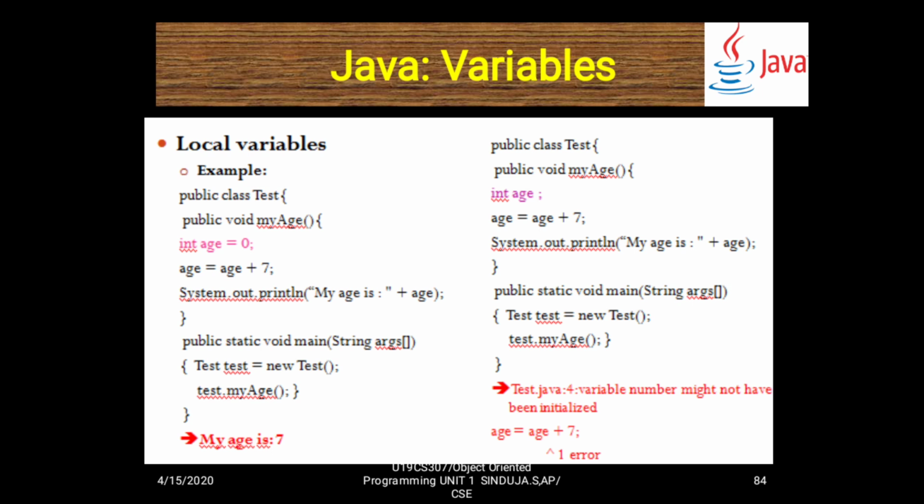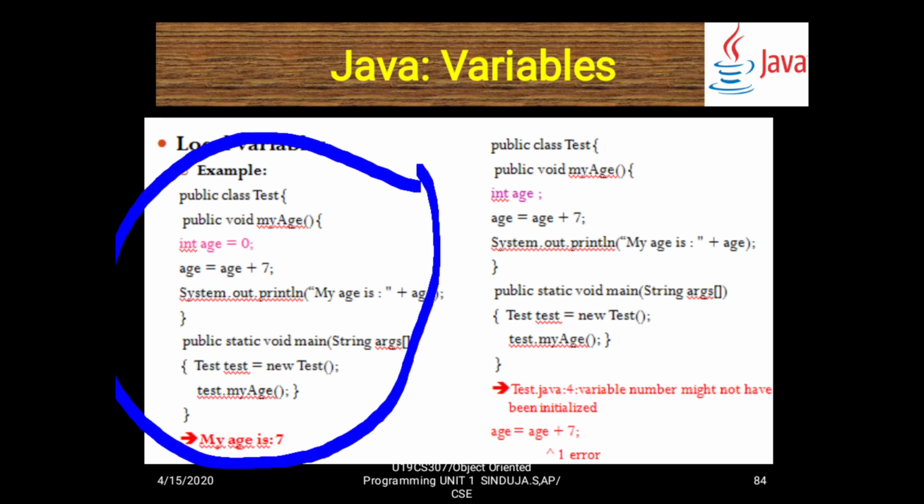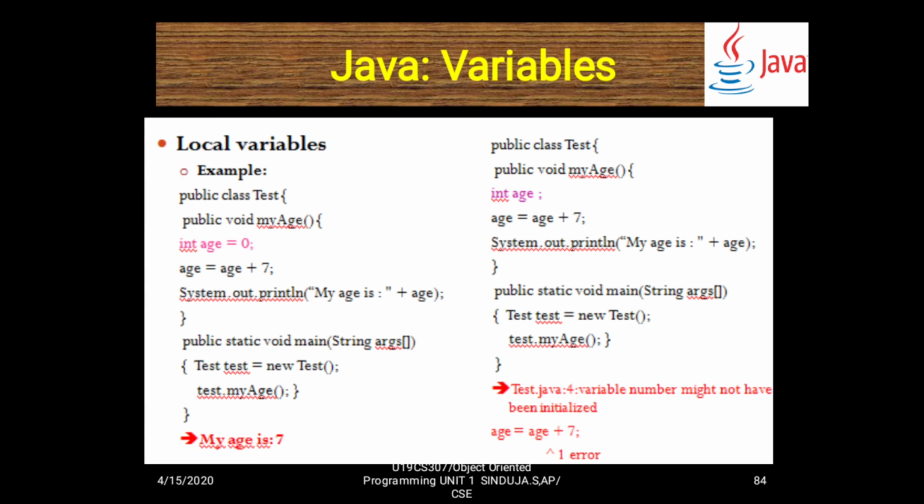So let me check with the program. Yeah, this is one simple program. This is the exact and correct program for your local variable. Now you should be able to identify what my local variable is. Could you identify that? Yes, I have highlighted it in pink color: int age equal to 0. Okay, what is this age equal to 0, ma'am?